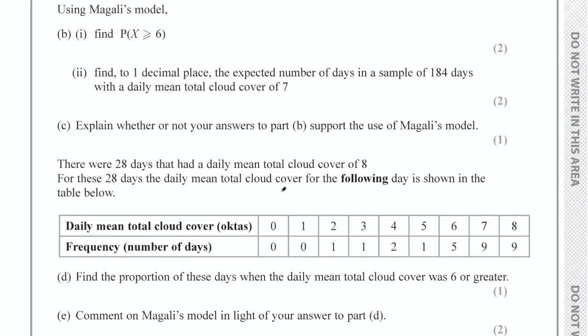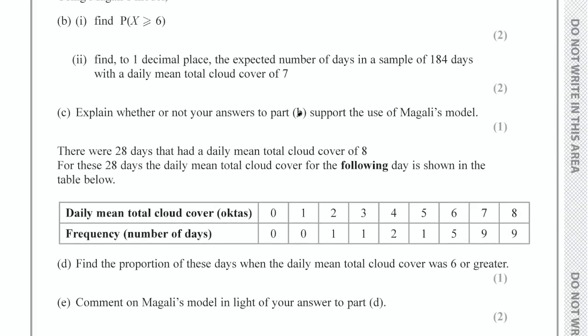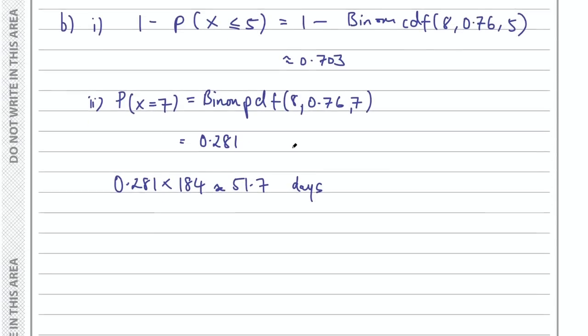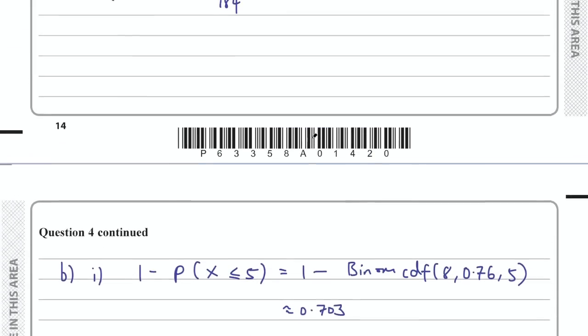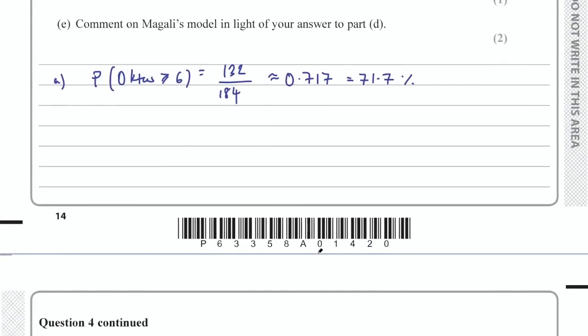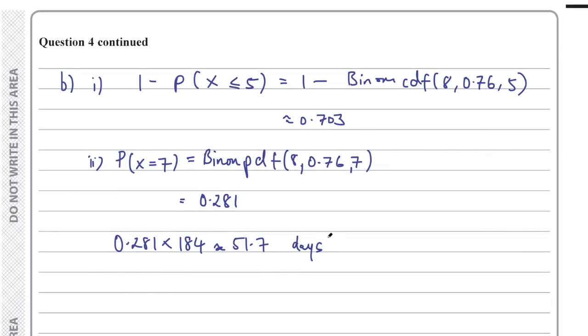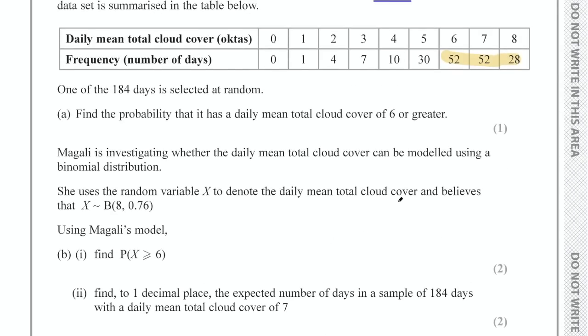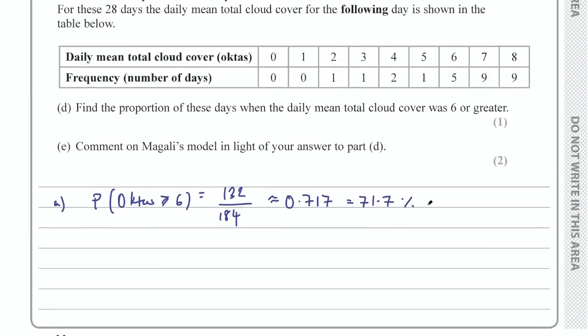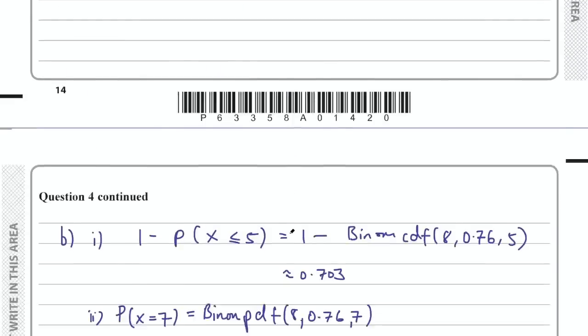Okay, so part C says explain whether or not your answers to part B support the use of Magali's model. Yes, it does, as I've said. Part B, part 1 was close to my answer in part A, 71.7% and 70.3%, and 51.7 is close to 52. So to answer that question, yes, they do.